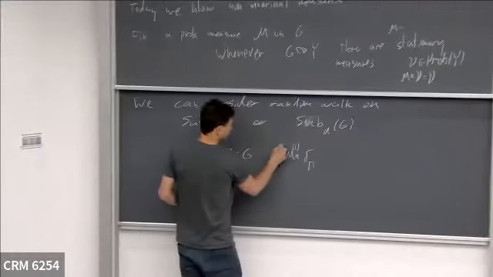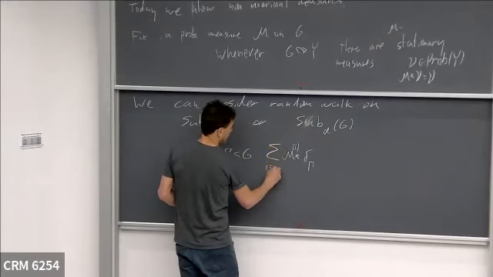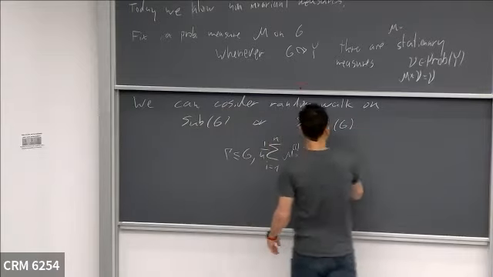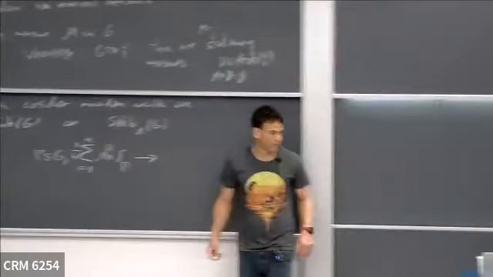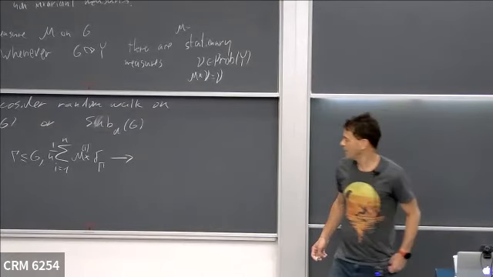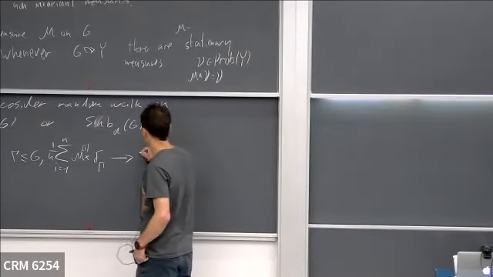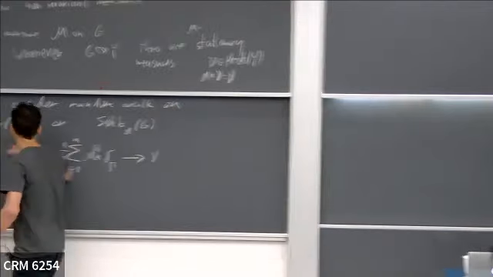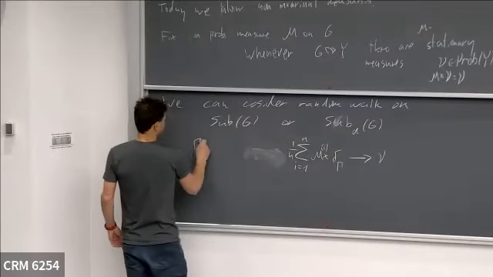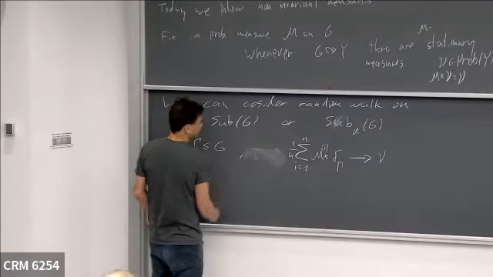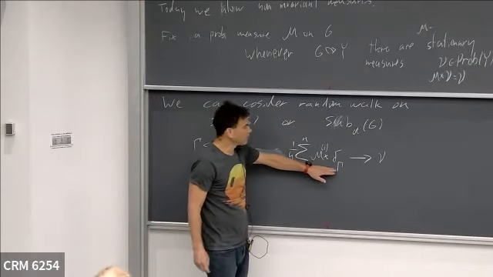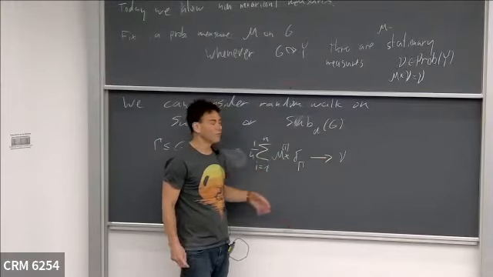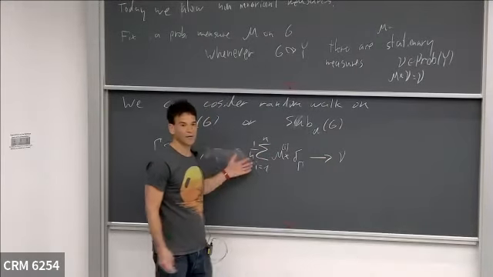If you want, you can take the average, the sum from i equals 1 to n, times 1 over n, and this will converge. Maybe the limit is not unique, but this will converge to some limit nu, which will be a mu-stationary measure, and maybe some properties of gamma you can still see in the limit measure. So at least we have a tool now to study every discrete subgroup.